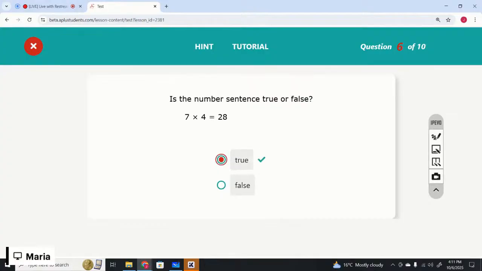7 times 4 is 28. That is true. 4 times 1 equals 4. That is true or false?